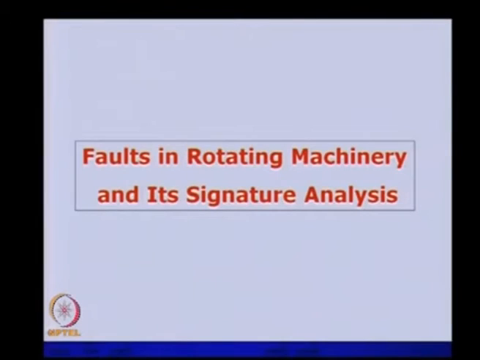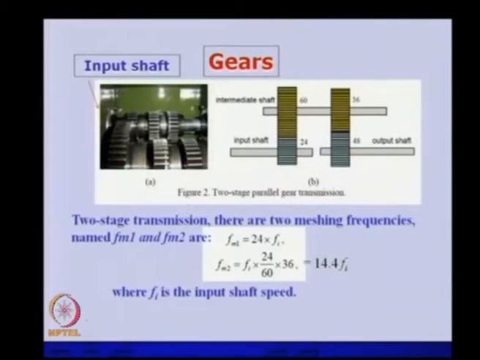In this particular case, we have a double stage gear. You can see this is the input gear, and this is the line diagram of that gear. On the input shaft, there is a pinion with 24 teeth, and then this is a gear with 60 teeth. Then the second stage has 36 and 46 teeth.